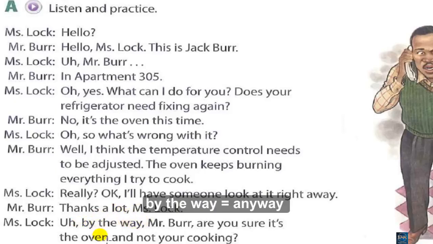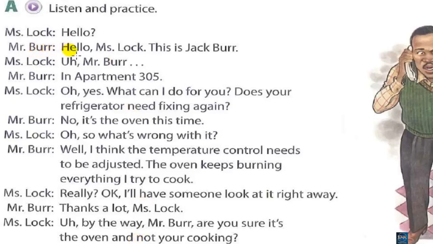By the way, Mr. Burr, are you sure it's the oven and not your cooking? Are you sure that the problem is in the oven of the cooker, or it's your way of cooking? Like you leave, for example, your food in the oven for a long time.